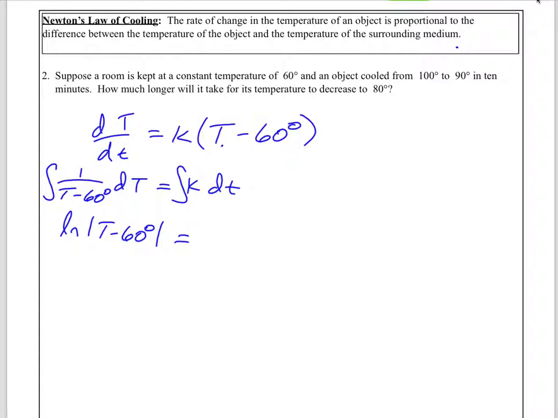The derivative of a variable is always 1. The derivative of x is 1. The integral of x is x squared over 2.